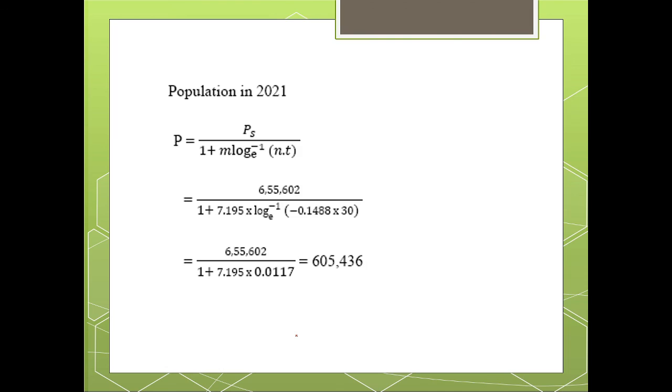Next, if you want to find out the population with the incremental increase method, what you have to do?